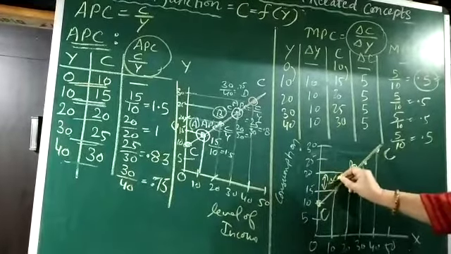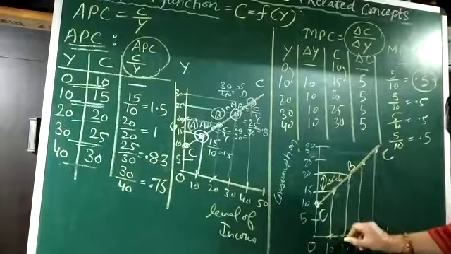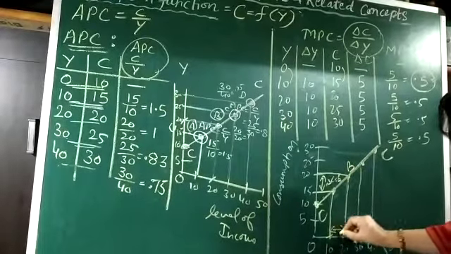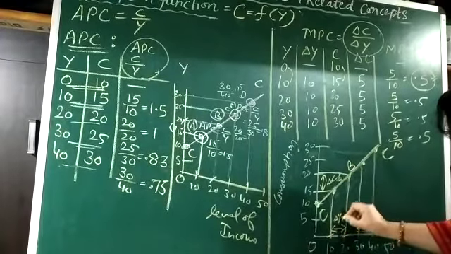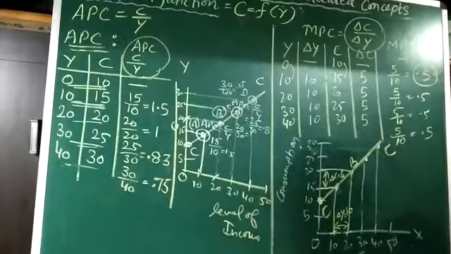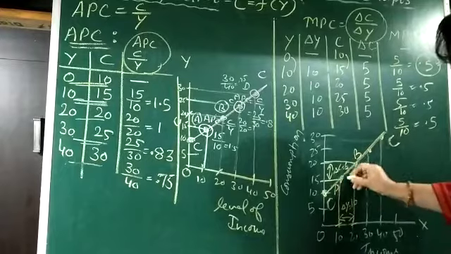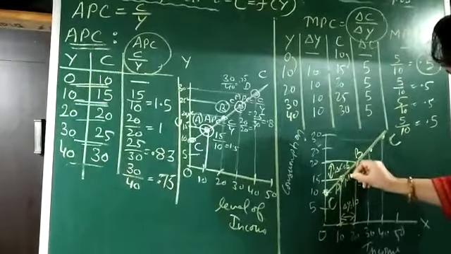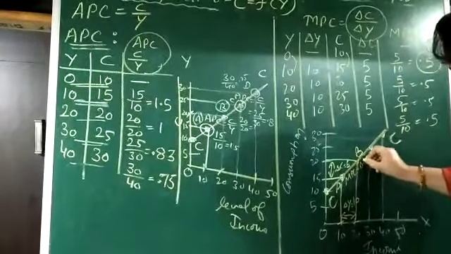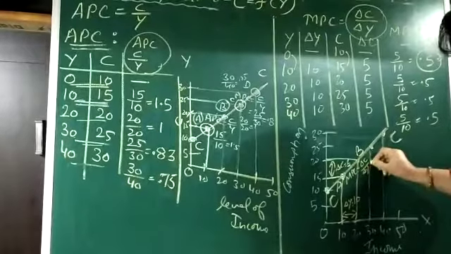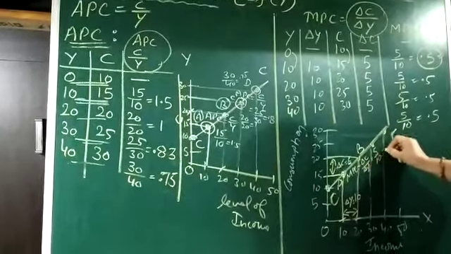Delta C is equal to 5 and income 10 to 20, delta Y is 10. So from combination A to B, the value of MPC is equal to delta C upon delta Y is equal to 5 upon 10 is equal to 0.5.